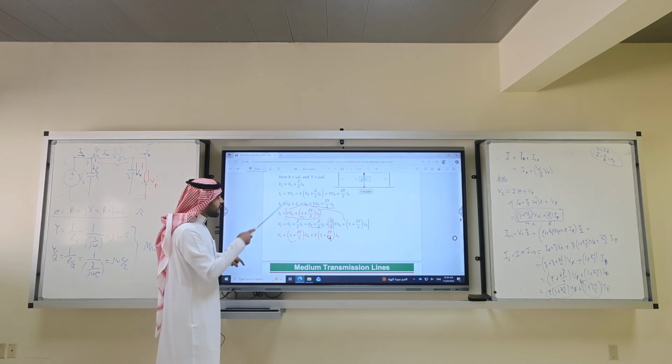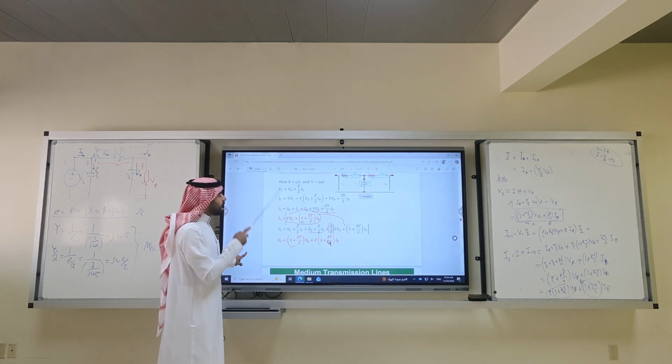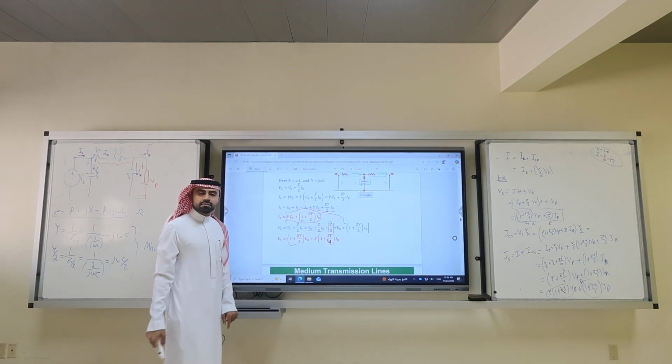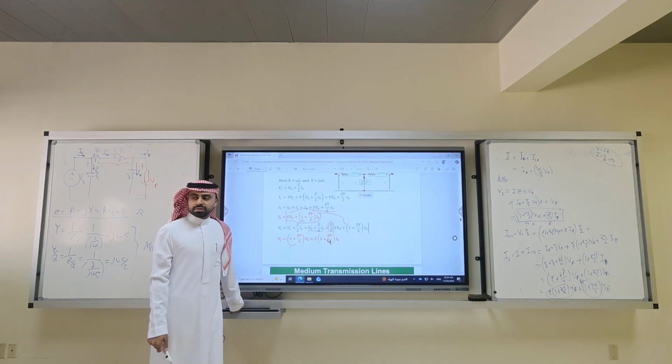So if this voltage is high, this current will be high. Even for the T-line model, if VC is high or Y is high, IC is high. This is how you should read the equations.